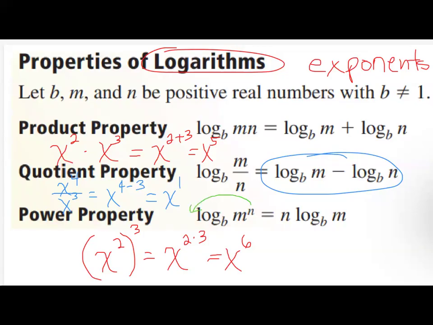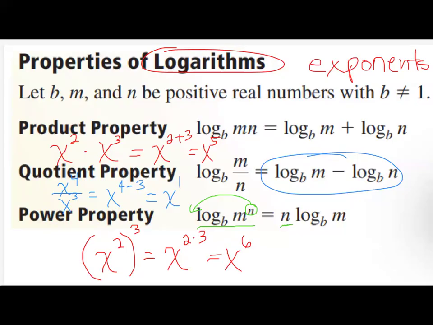And you do have to do it in order. So all we're doing is we're going to take that power and multiply it by the original exponent. So you put it out front. So n times log base b of m.